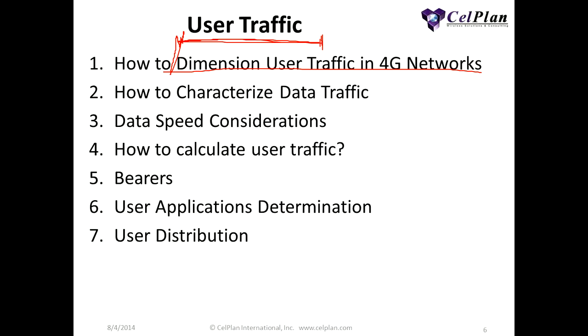So how to dimension user traffic, how to characterize data speed considerations, and the most important thing is that we were able to define per user type what is the traffic, what is the average packet size that is very, very important for dimensioning, and so on. So there are several parameters that we were able to extract to characterize user traffic.